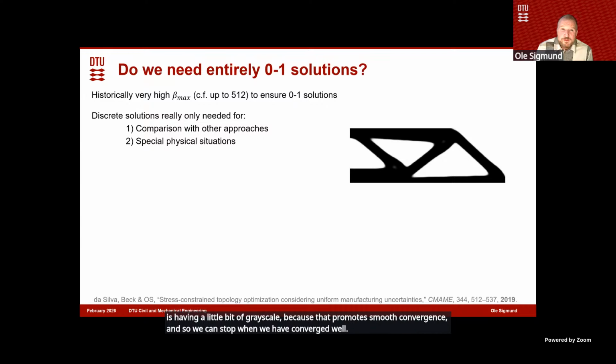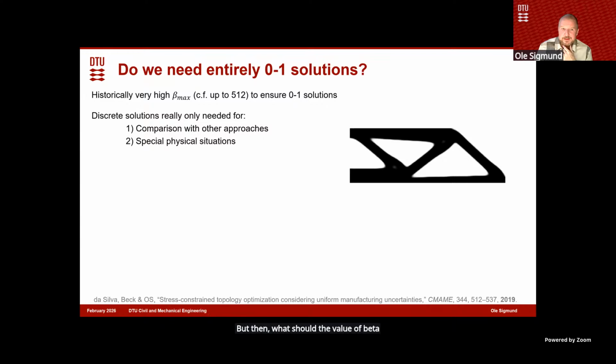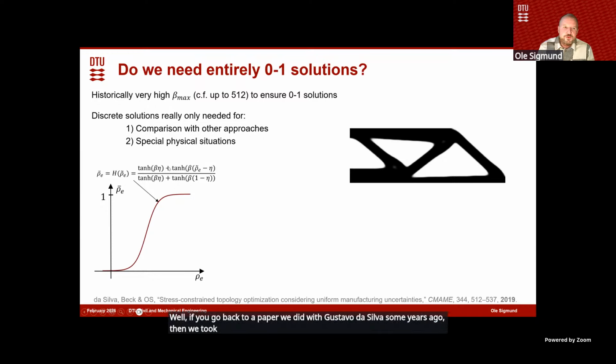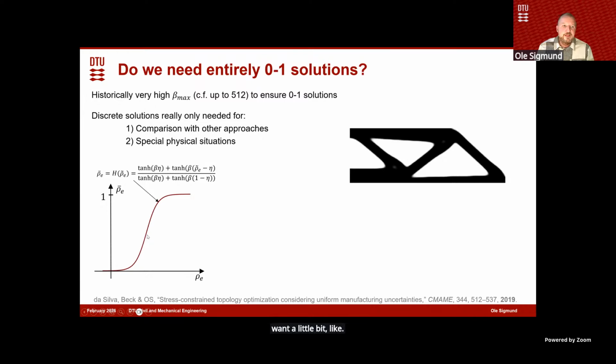But then what should the value of beta, or beta max, be? Well, if we go back to a paper we did with Gustavo da Silva some years ago, we took a look at the smoothed Heaviside projection and said, a little bit like level set people, what value of beta gives us a transition region, or a gray region, that is around one element wide.